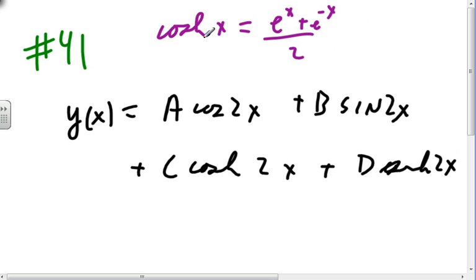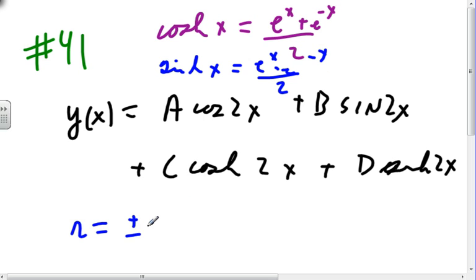And that the hyperbolic sine of x is e to the x minus e to the minus x divided by 2.